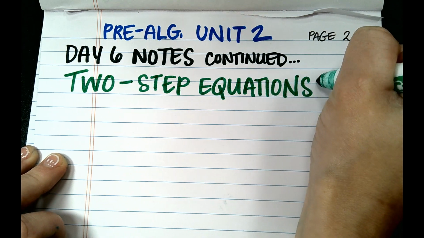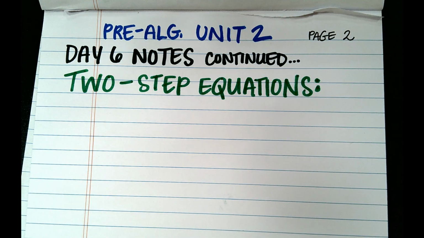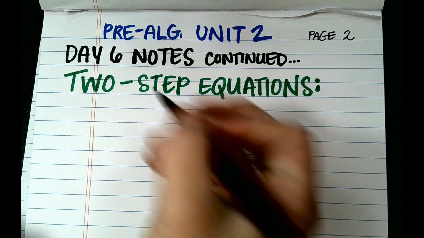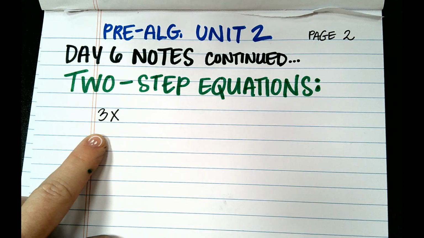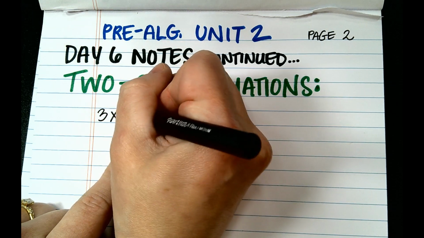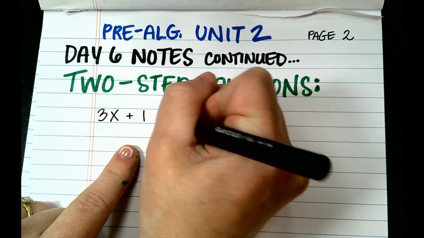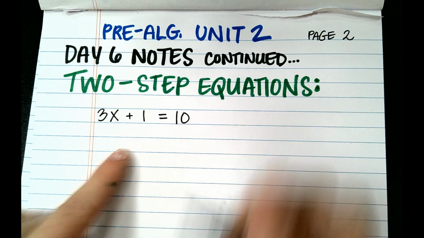Let me start by giving you an example from the do now. Number 3 is a good example of a two-step equation. We have 3x plus 1 equals 10.